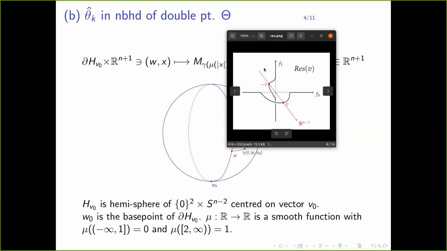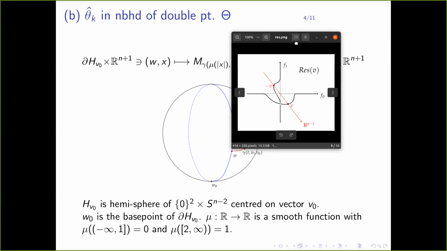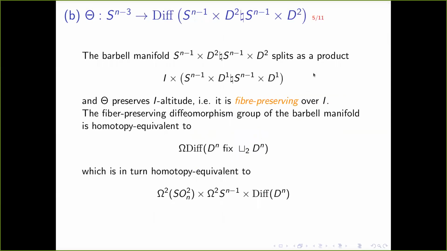Moreover, when you look at F1 and F0, they always intersect that orthogonal complement in 2 points. So that is a Euclidean space with 2 points removed. That is this factor split out of the barbell once you compactify or remove neighborhoods.